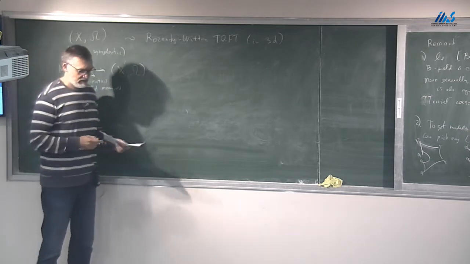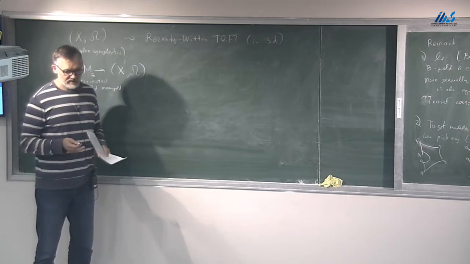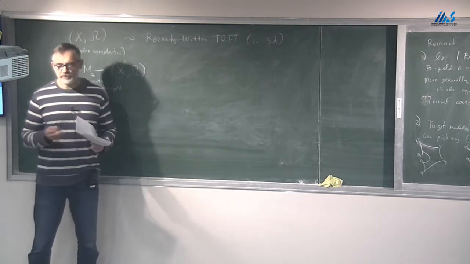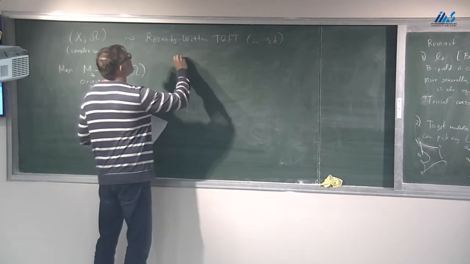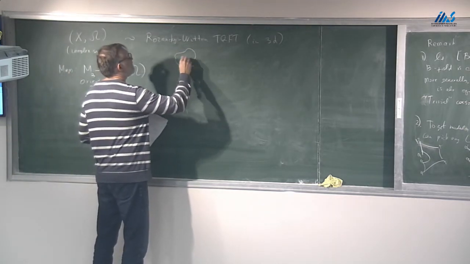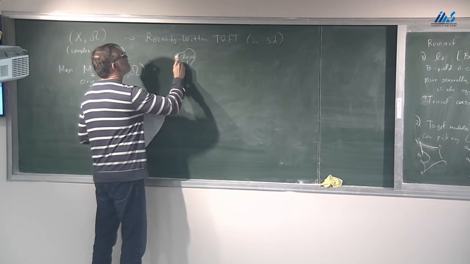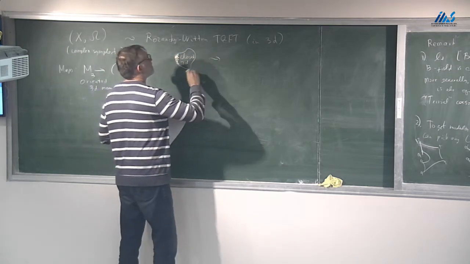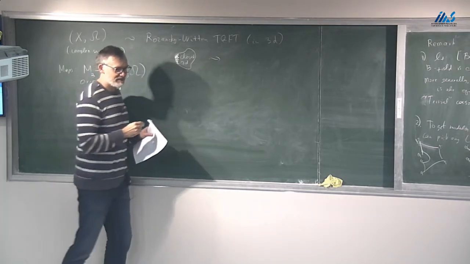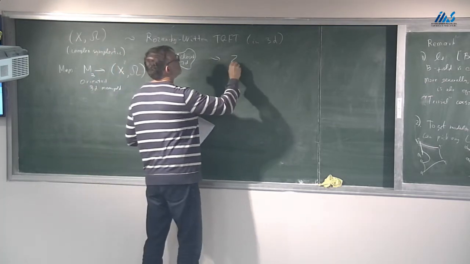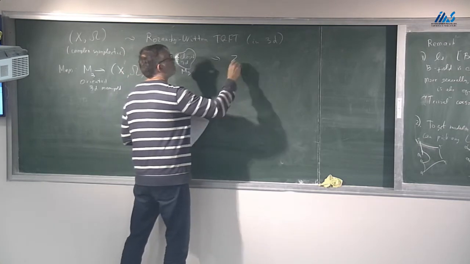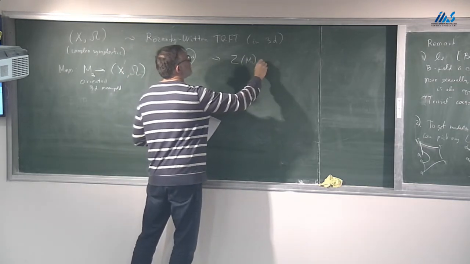First of all, when you have a 3D topological field theory, it attaches a number to a closed 3D manifold. So you have some closed 3D manifold. Then, well, I cannot draw it, but it's closed in 3D, so it attaches a number called the partition function.